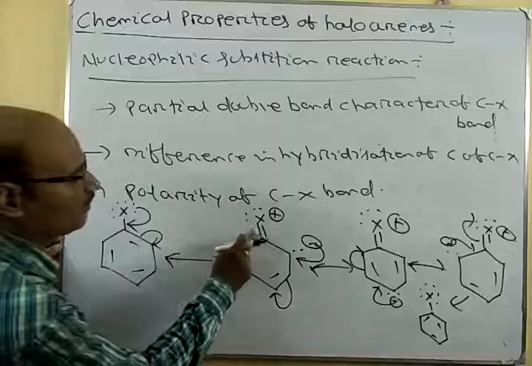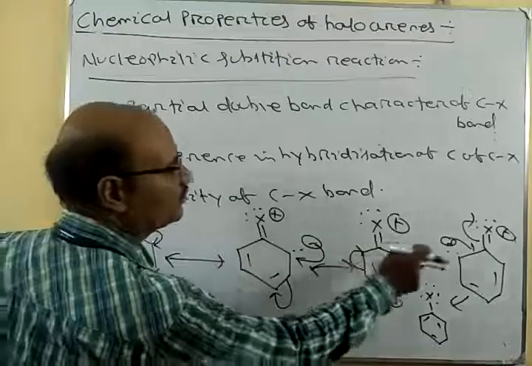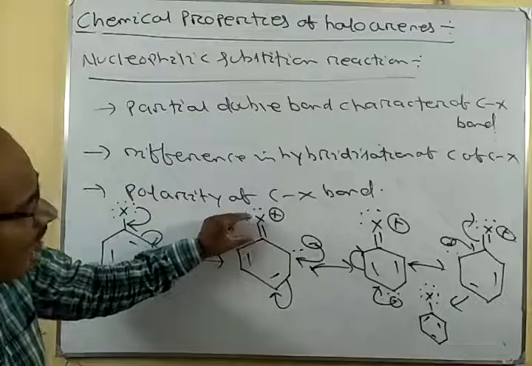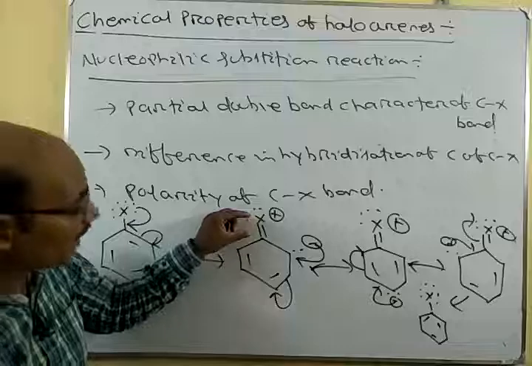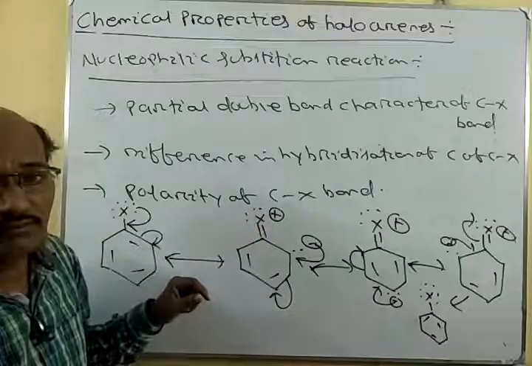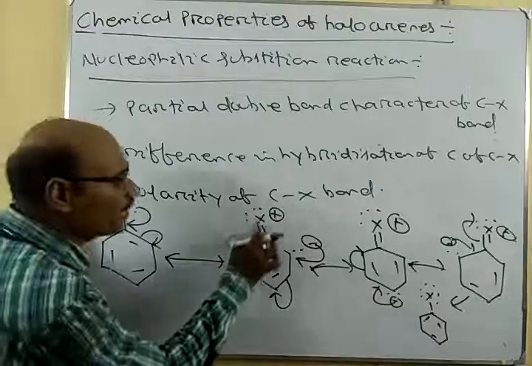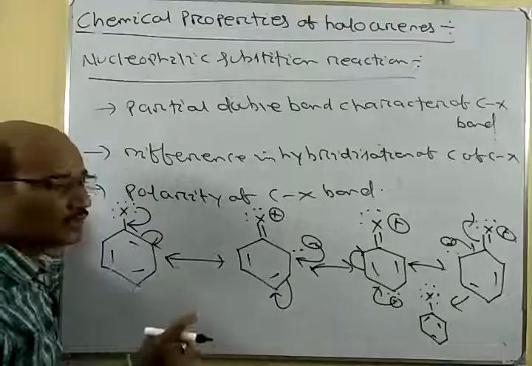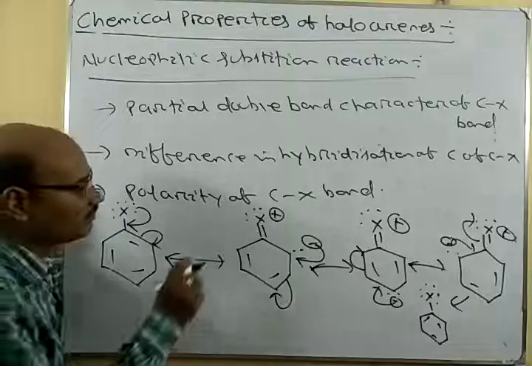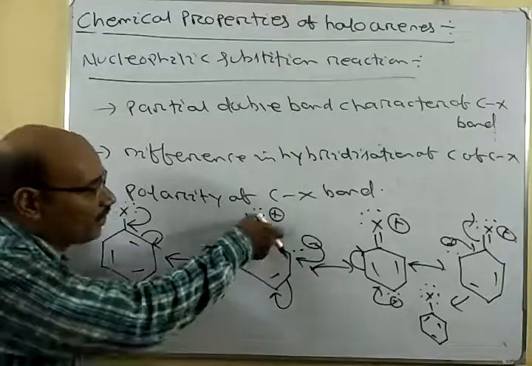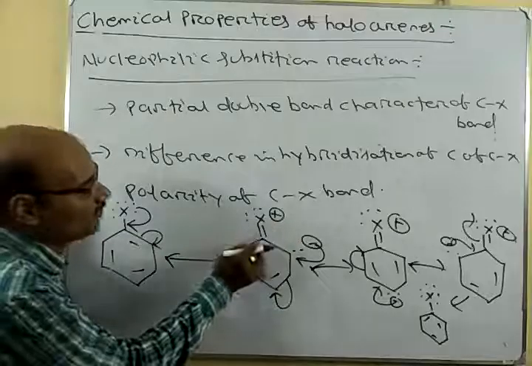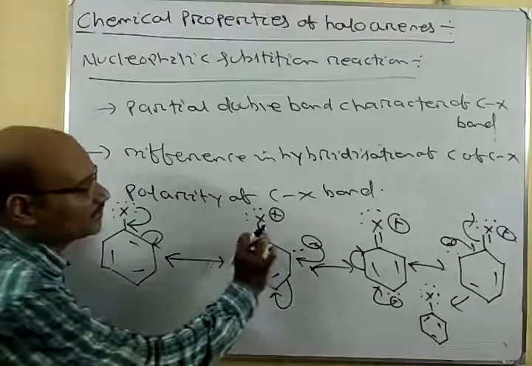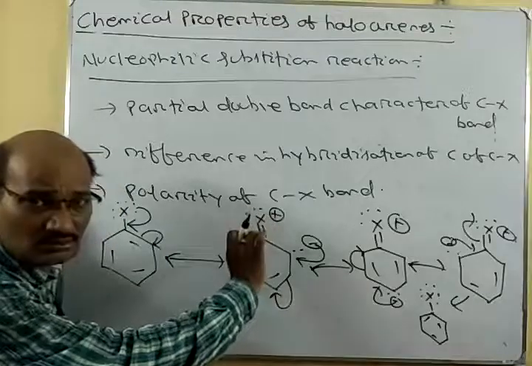Because of the partial double bond character arising between C and X, the C-X bond length decreases, because the bond length is less in a double bond as compared to a single bond.